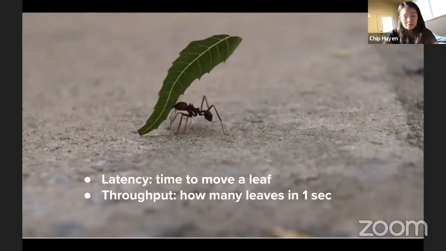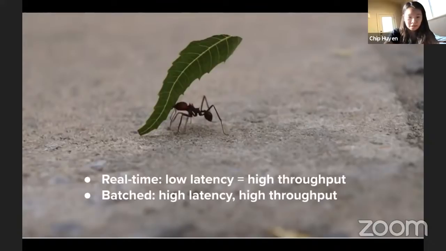If the ant can carry only one leaf at a time, then the latency is the time it takes to carry that leaf from the tree to the ant colony. The throughput is how many leaves it can carry within a certain time frame, for example, an hour.